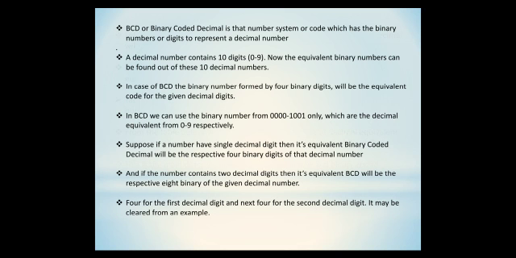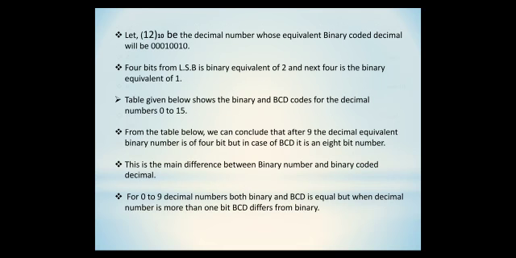It may be made clear by an example. Here I am taking the decimal number 12, whose equivalent binary coded decimal will be the binary equivalent value. Here the first 4 bits from the LSB are the binary equivalent of 2 and the next 4 are the binary equivalent of 1.